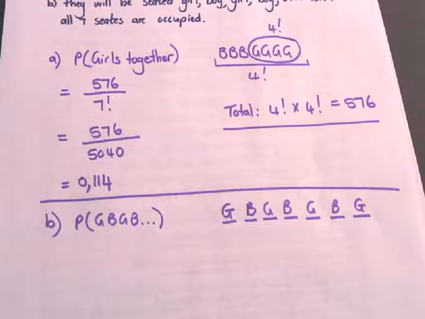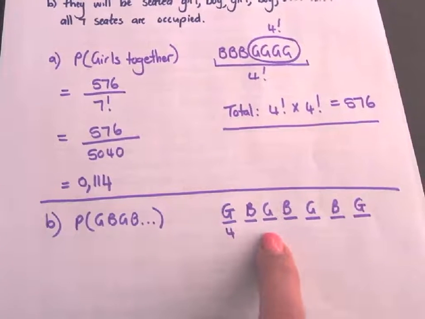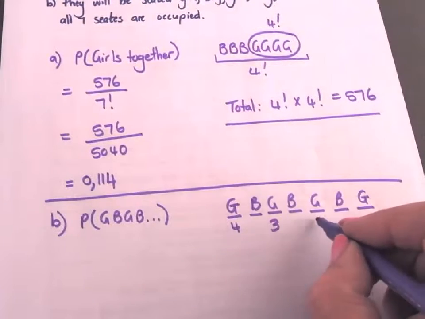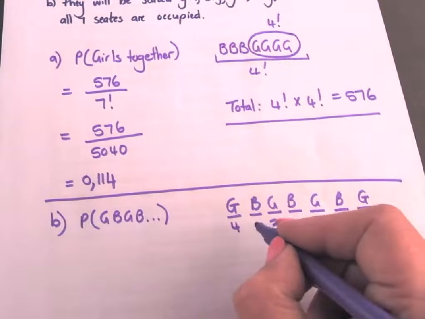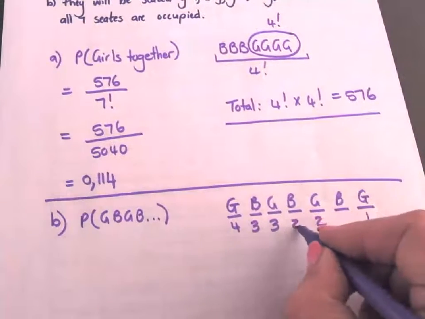How many girls are there in total? 4. So from how many girls can we choose to sit in the first chair? 4. And in the second girl chair? 3. And in the next girl chair? 2, and then 1. How many boys can we choose from in the beginning? 3. When one is seated, how many are left? 2 and 1.